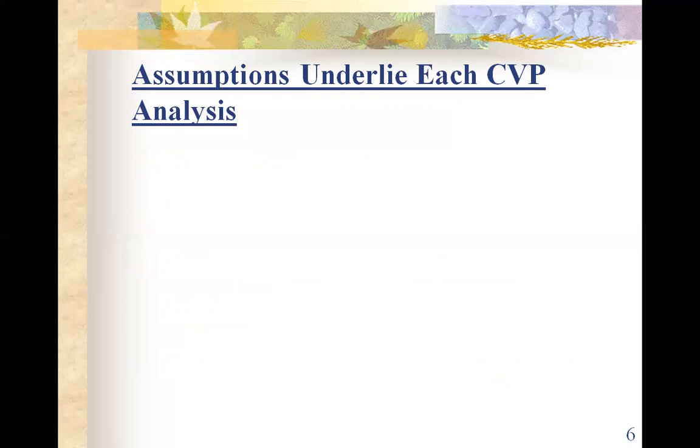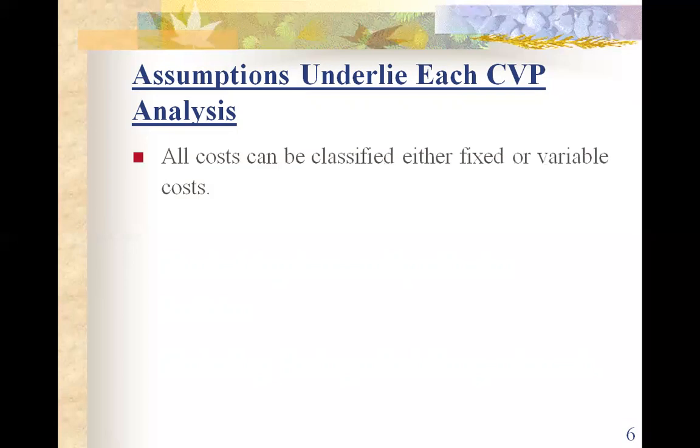So CBP analysis কিছু assumption করে নেয়, অর্থাৎ এই assumption এর উপর ভিত্তি করেই আমরা অ্যাকচুয়ালি CBP analysis করি। So what are the assumptions? Number one is all cost can be classified either fixed or variable cost. So all kind of costs, if you want to apply CBP analysis, then your first requirement is that all types of cost must be classified in two classifications.